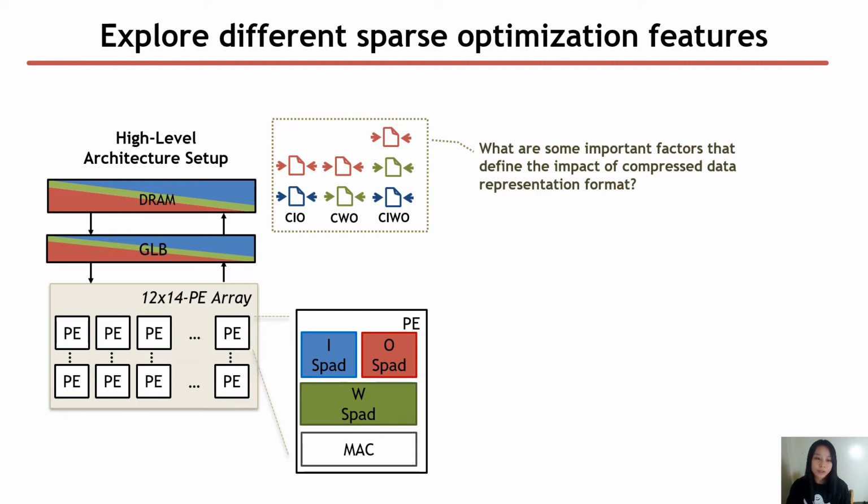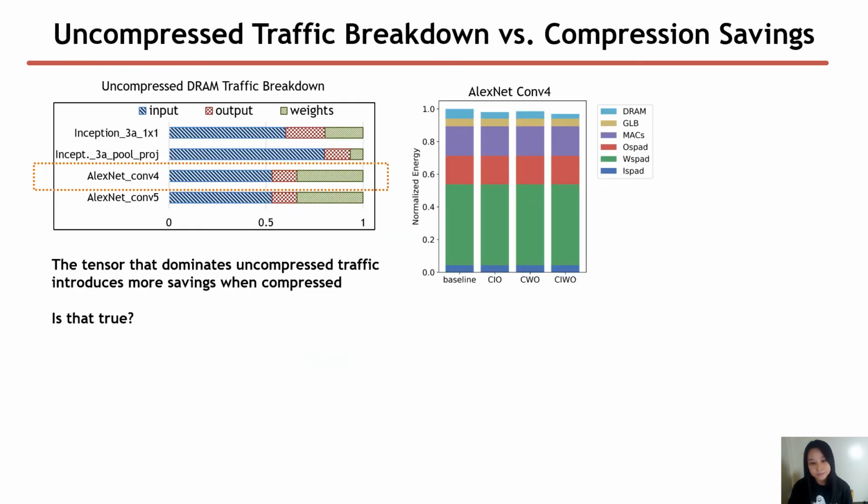This is what we call CIO, where I stands for input activation and O stands for output activation. We could also only compress weights and output activation, which is CWO. We could also compress all of them. We want to see what defines the impact of these different ways of combining these optimizations.